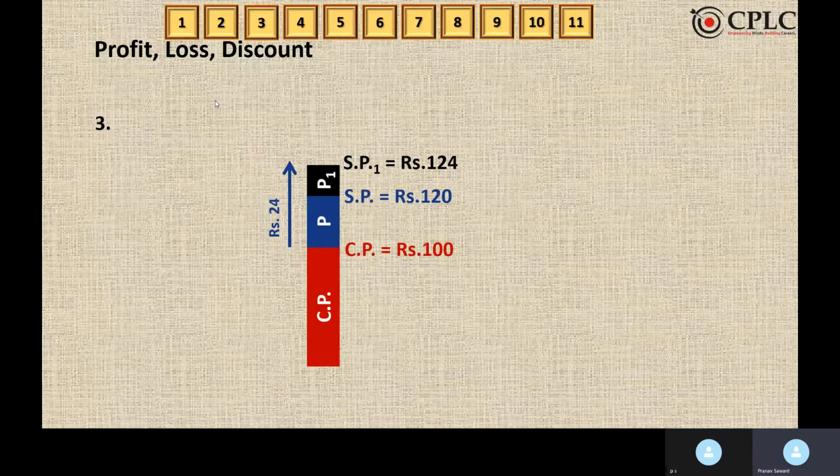Due to this, we are getting 720 rupees more. Now, over here, we are getting 4 rupees more. We can say that the difference, that is the difference of 4, is equivalent to 720. So if 4 is equal to 720, 120, the original selling price would be equal to what? So after cross multiplying, we'll get the answer as 21,600.